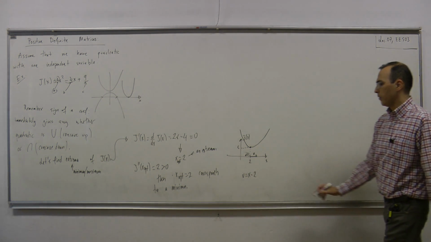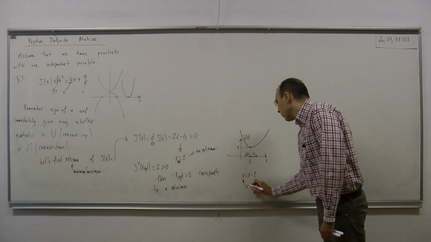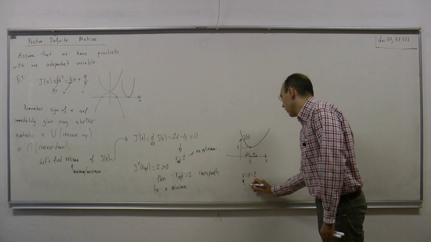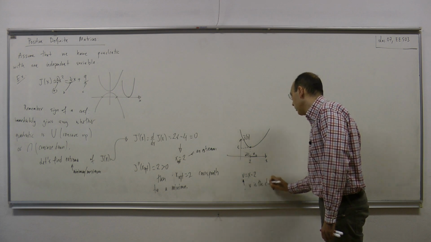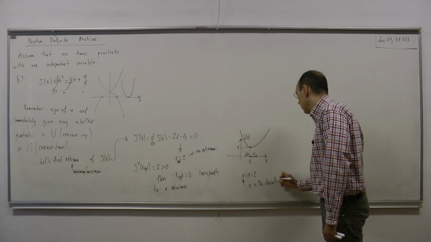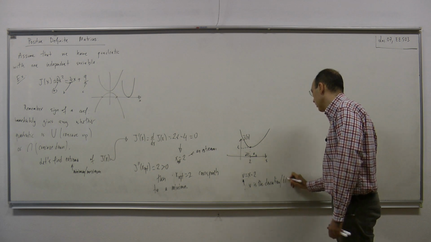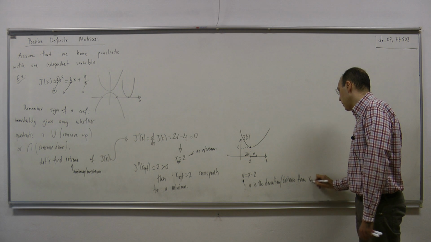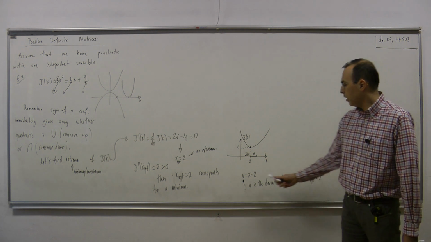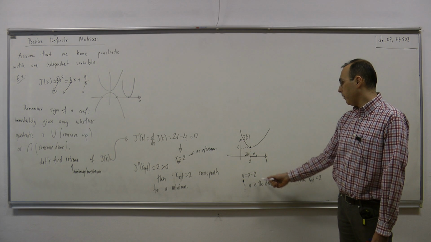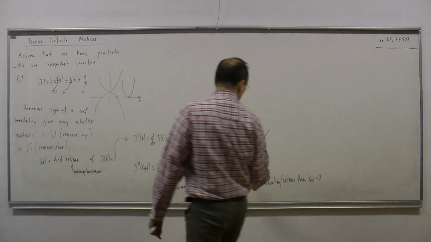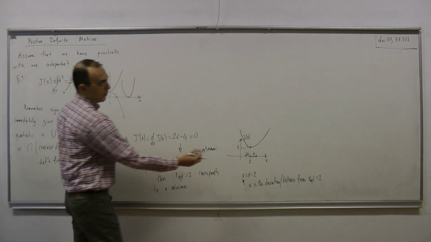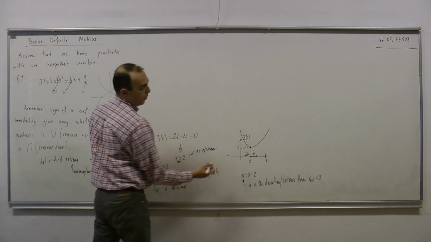You may consider u the deviation or distance from, in our case, x opt equal to 2. So when x is equal to 3, let's say, then u is equal to 1. So we are 1 unit away from this x opt point.